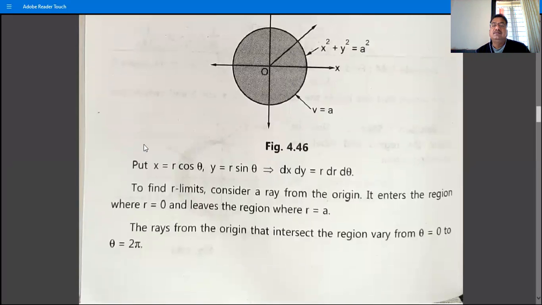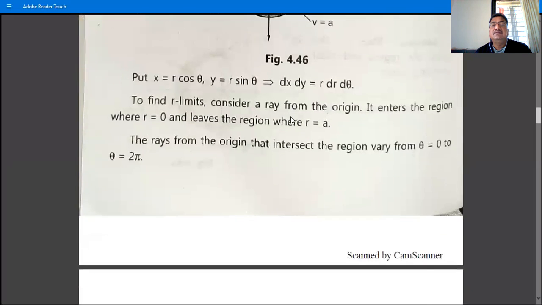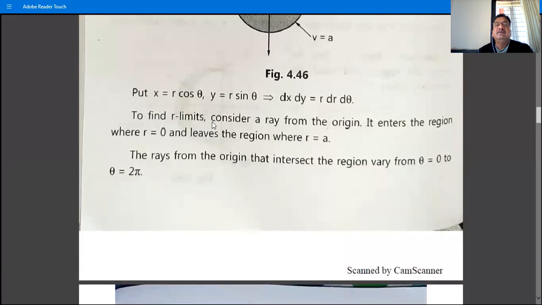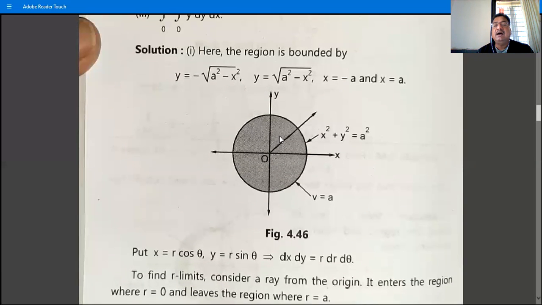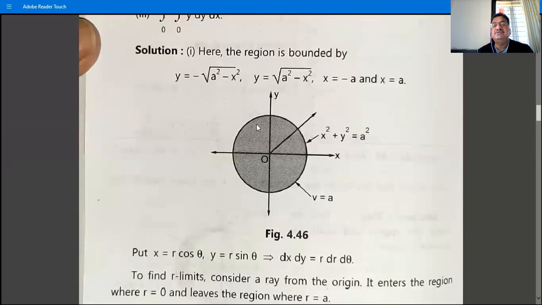Here the radius is a, so r runs from 0 to a, because the radius is a, and theta runs from 0 to 2 pi.